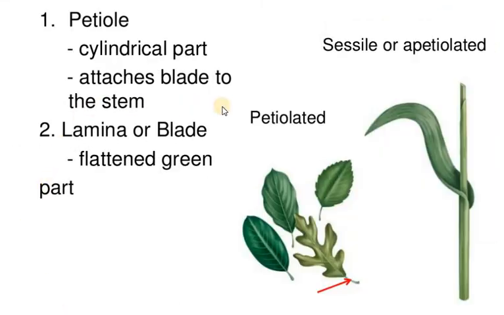If we see the parts of a leaf, it can have a petiole. If a leaf contains a petiole, it is called a petiolated leaf. And if the leaf doesn't have a stalk, it is called sessile or apetiolated leaf. The flattened photosynthetic region is called leaf lamina.